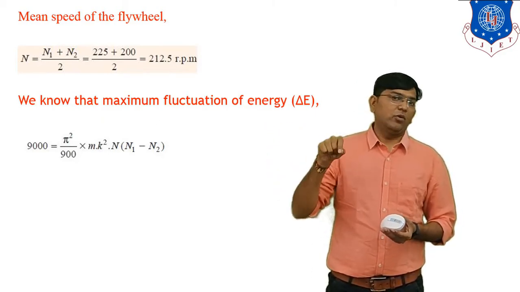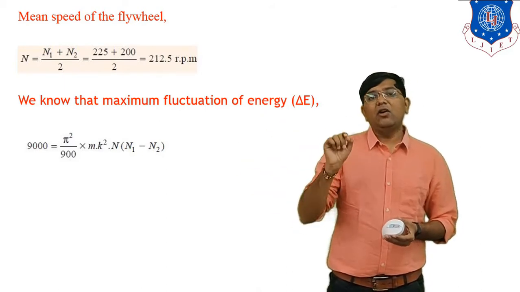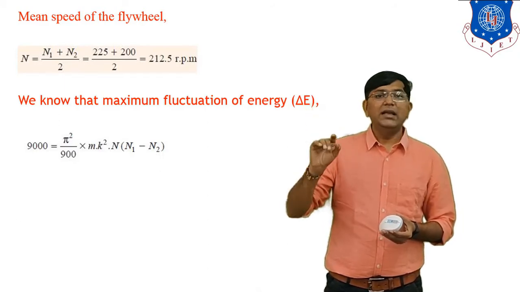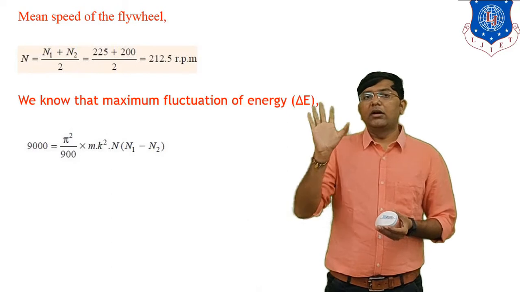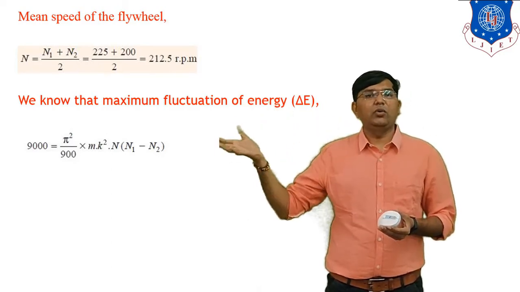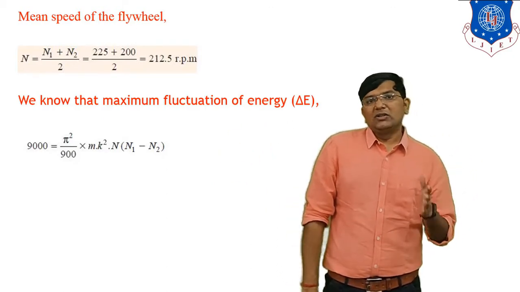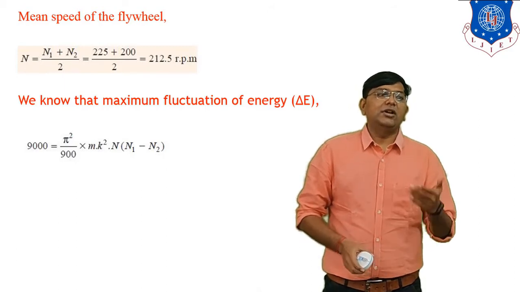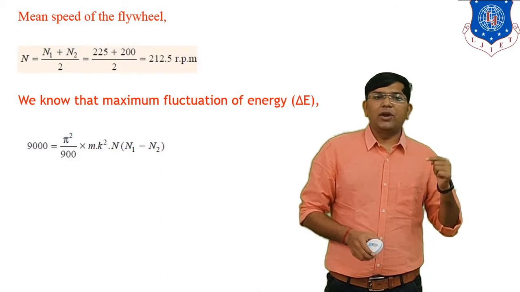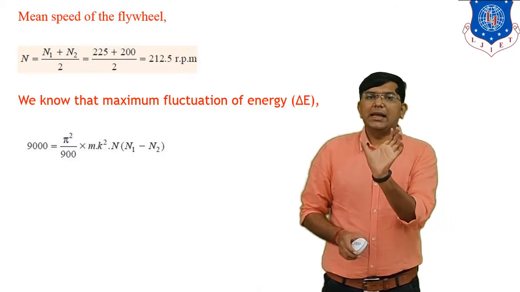Put the value of m over here, put the value of radius of gyration over here, and instead of omega you have to put 2 pi n by 60. Instead of omega 1 use n1, and for omega 2 use n2. Clear? So put the whole value over here, and the equation converts to 9000 is equal to pi square upon 900 into mk square into n into n1 minus n2.